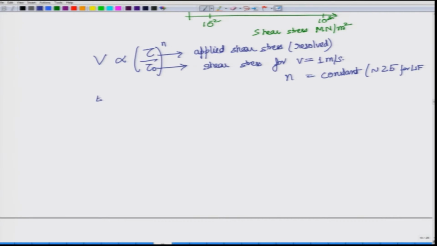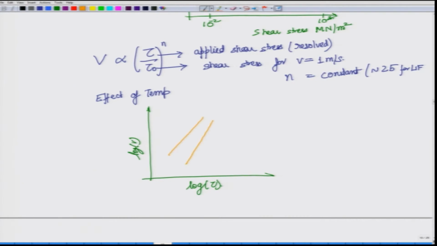This effect of temperature has also been captured for certain materials, and here is what people have observed. If I write log V over here and log stress over here, then people have observed that for the linear portion, if you increase the temperature, in this direction temperature is increasing, and in this direction n is decreasing.